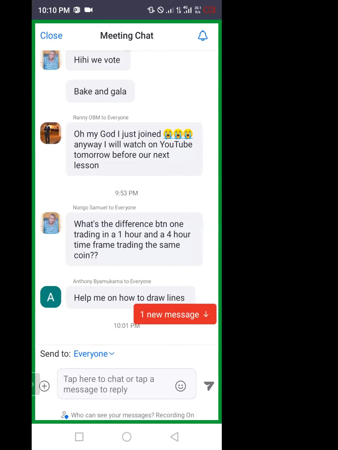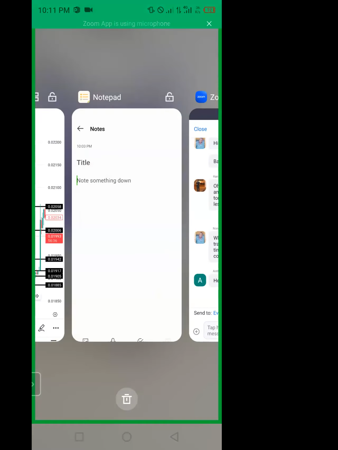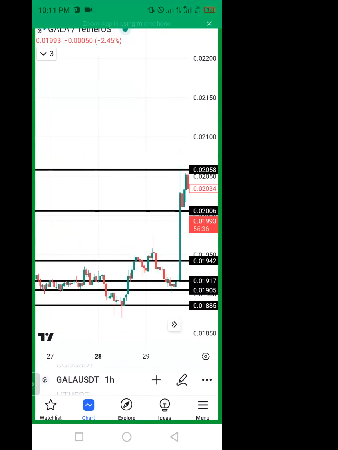If you are looking at a 1-hour or 30 minutes time frame, you might find the market is showing that it is going down, and then you see red and fear, oh my God, the market has gone down.